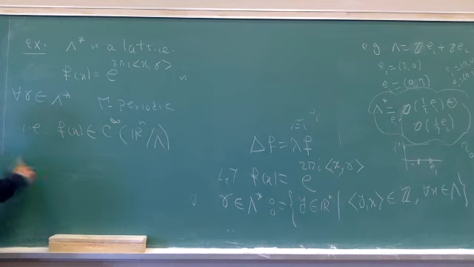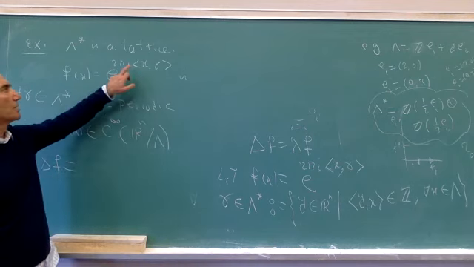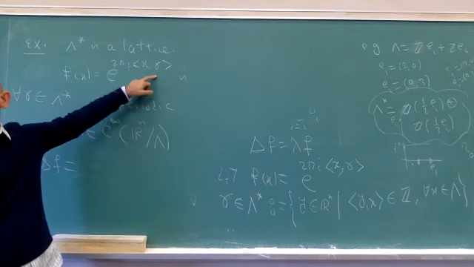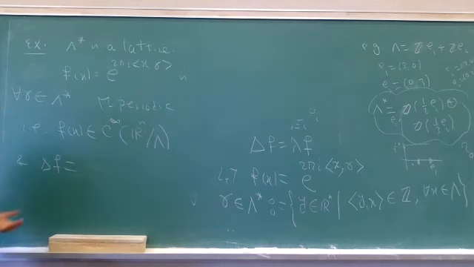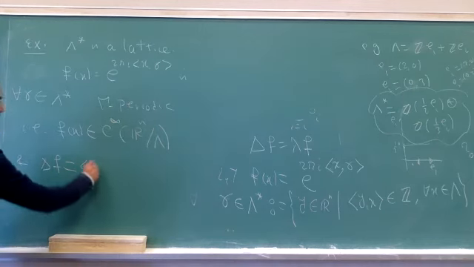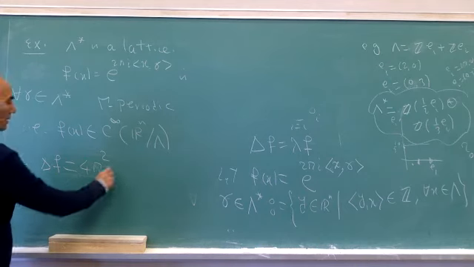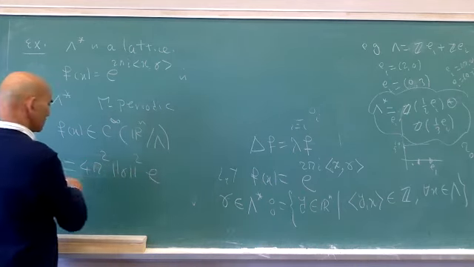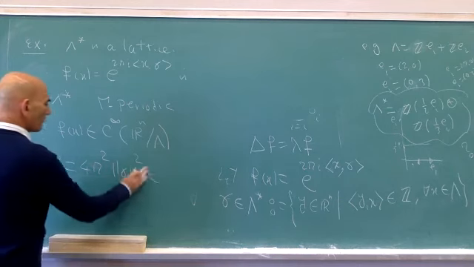If you compute delta of f, essentially you multiply by 2 pi i, and then again by 2 pi i, and you get the norm of gamma squared. So you get 4 pi squared norm of gamma squared times the same function, f.